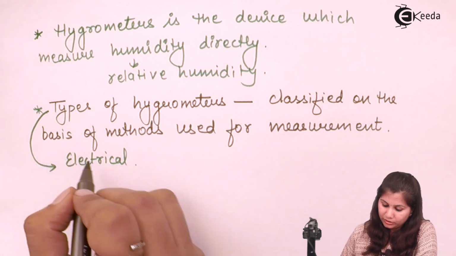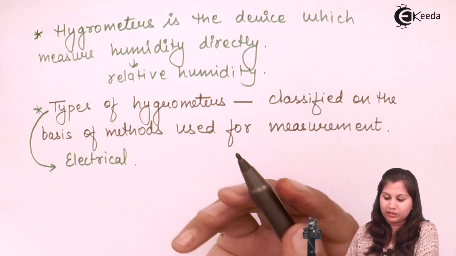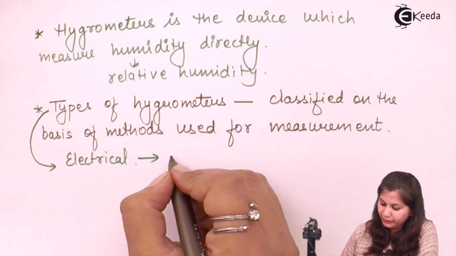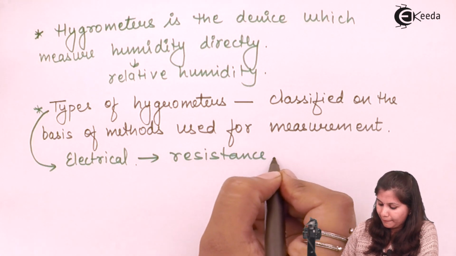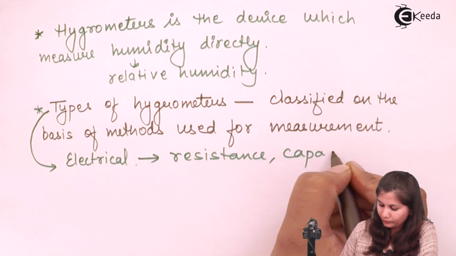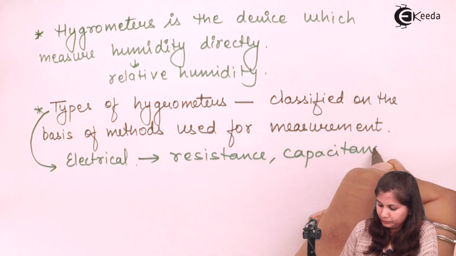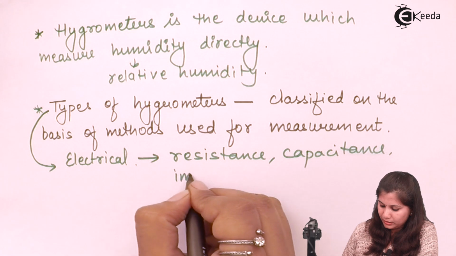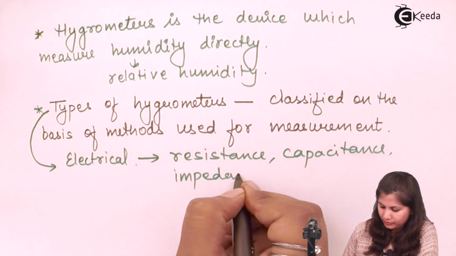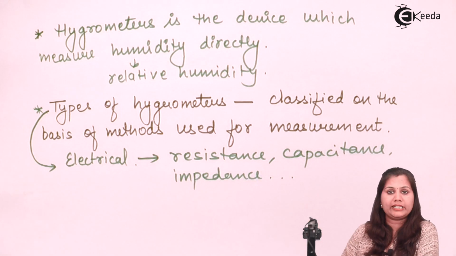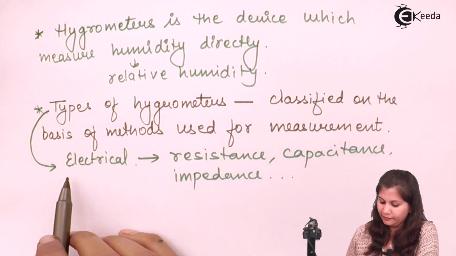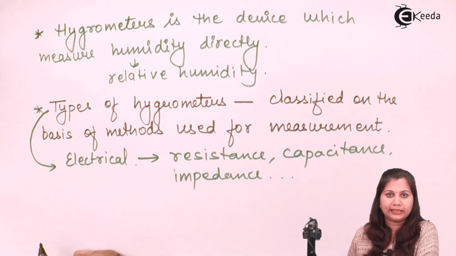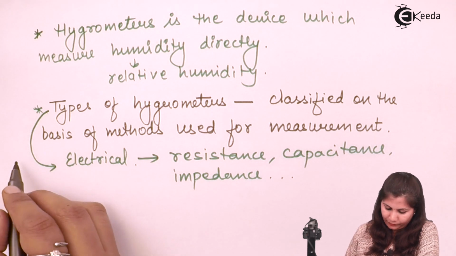So electrical hygrometers measure humidity by measuring the changes in resistance, capacitance or impedance. If there are any changes in the electrical parameters due to the humidity, those methods are called the electrical methods.